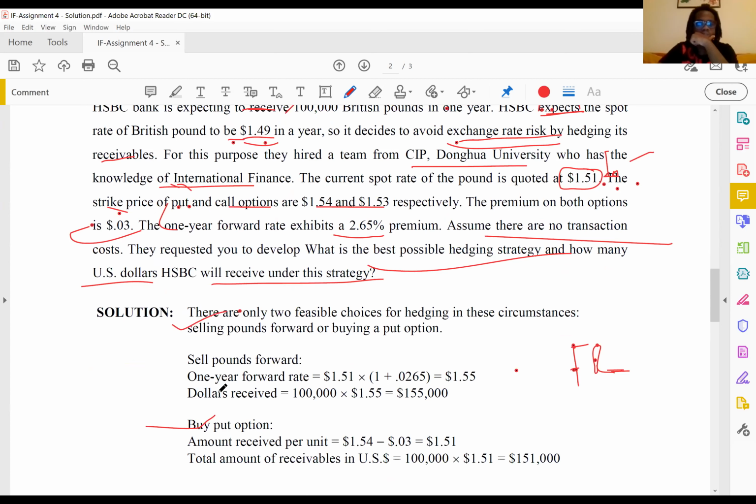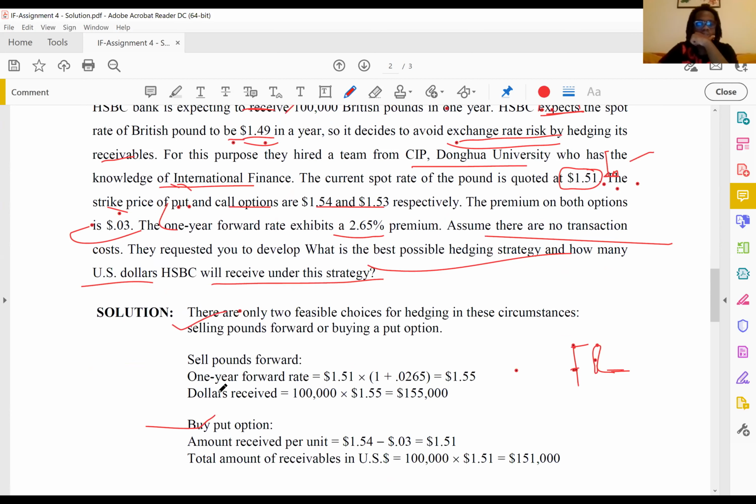Because you are receiving British pounds, so you are the seller of British pounds. Your biggest worry is that when I sell my British pounds, the price will go down. So you enter into this kind of contract: when I have the pound, if the price decreases, I will sell to you at a higher price. If the price increases, I won't sell to you, I will sell in the market. So this is the arrangement.